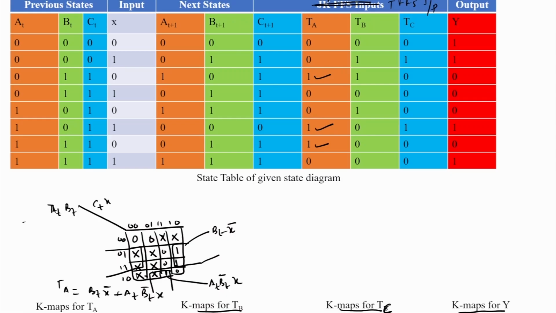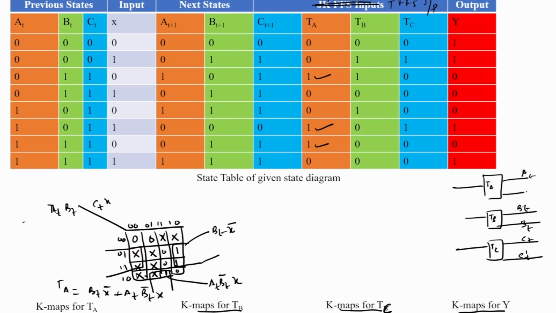Then for implementing this diagram we use 3 T flip flops: TA, TB and TC. These are the inputs of the T flip flops, and these outputs are the complements: CT complement, BT complement, and AT complement.